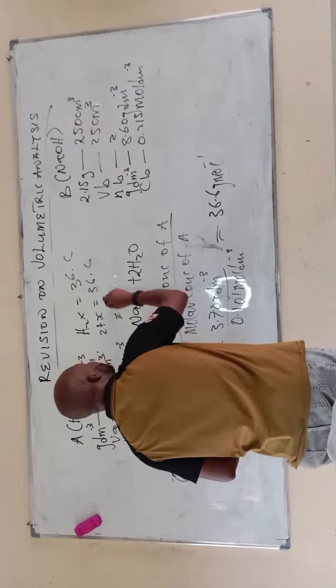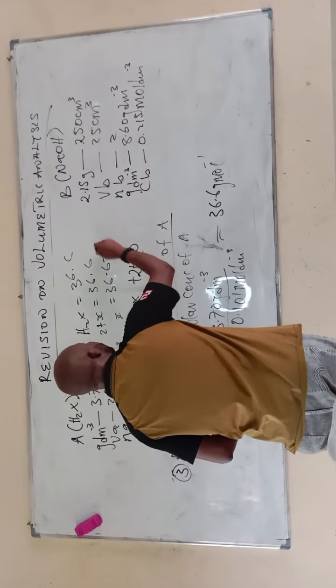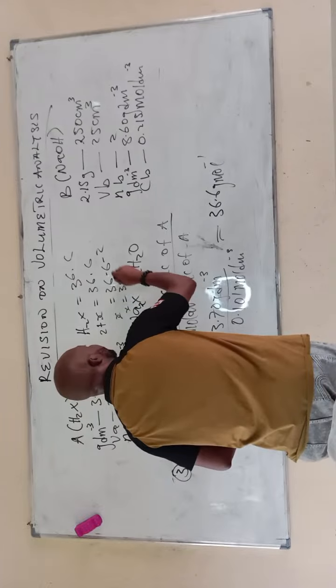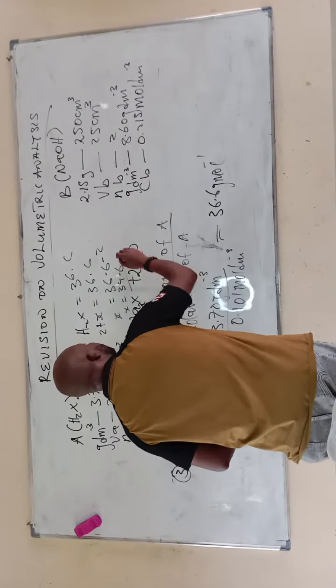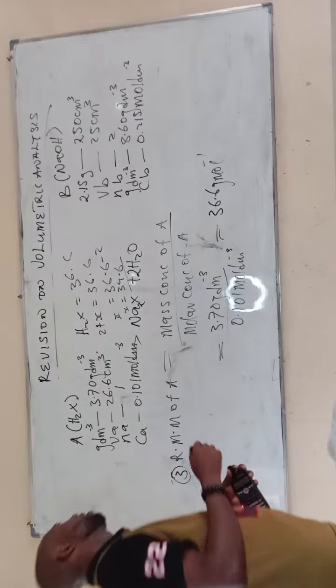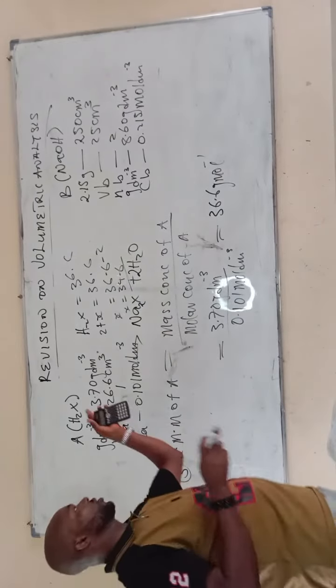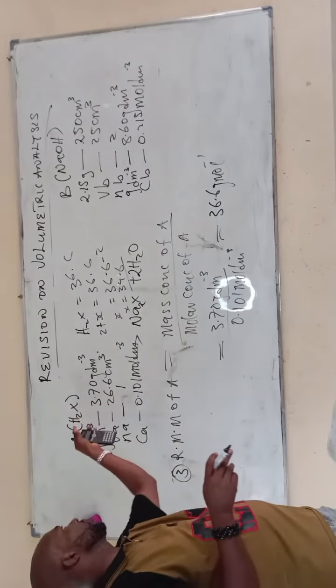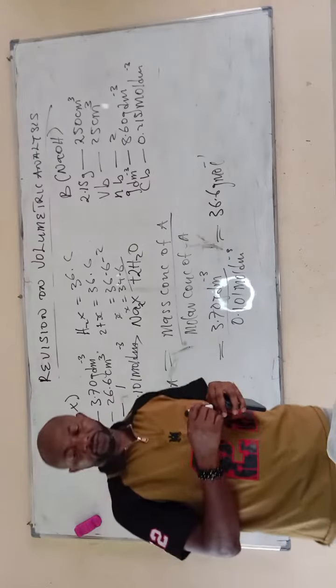X is equal to 36.6 minus 2, which is 34.6. So that is our value of X. Now, if you put that down, that is what is expected.